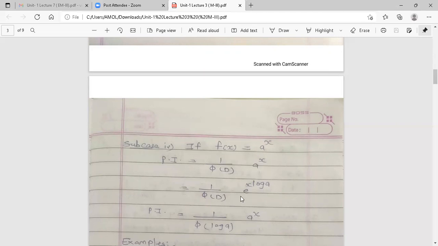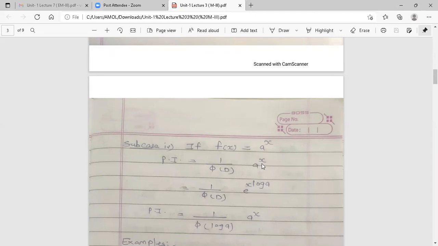So replace d by the coefficient. Here the coefficient of the exponential function is log of a. So you replace d by log of a, and so your PI is 1 upon phi of log of a into a raised to x.